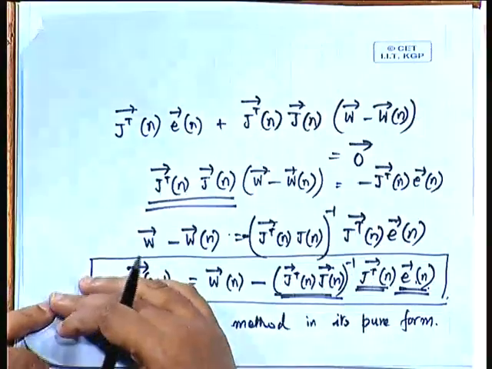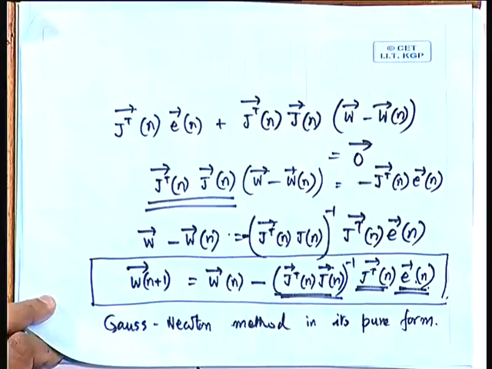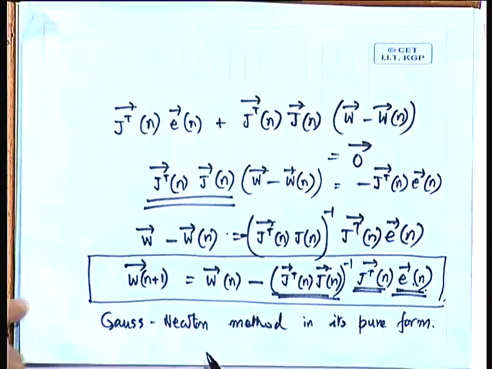Now, this is very interesting. You see that earlier we had the W n plus 1's expression written in terms of W n. That means W n plus 1 we would have obtained iteratively, meaning we needed the previous value of W in order to compute that. So, it was a recursive form of relationship that was established earlier.